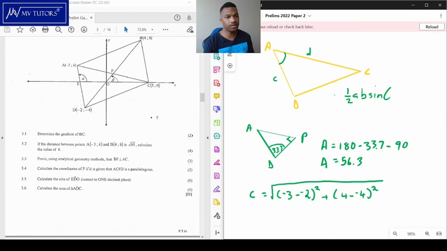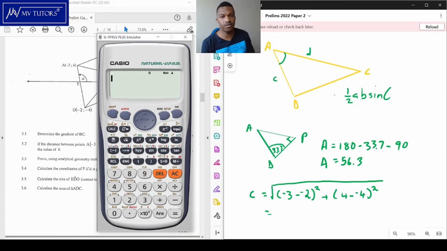That's going to give us the value of small letter c. Let's put that in a calculator. So we have minus 3 plus 2, squared, plus 4 minus 8 squared. So c is the square root of 65.